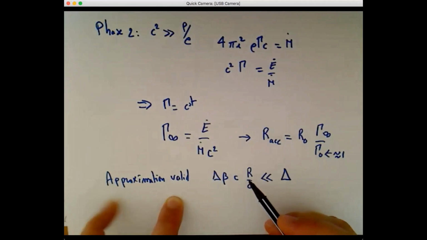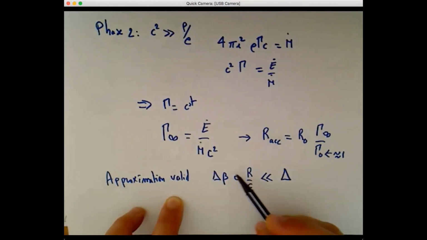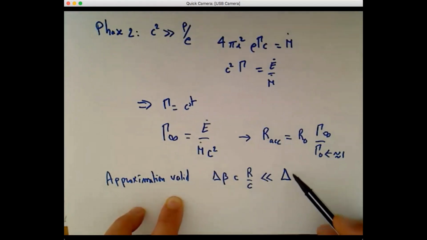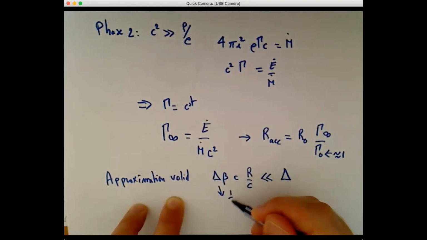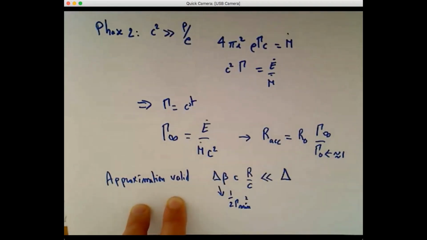It means that the spreading due to this relative velocity is a correction which is small compared to the true width of my fireball. And it's easy to see that this is of the order of 1 over 2 times the square of the minimum Lorentz factor in the fireball, because you know that in the ultra-relativistic limit, beta is given by 1 minus 1 over 2 gamma squared.